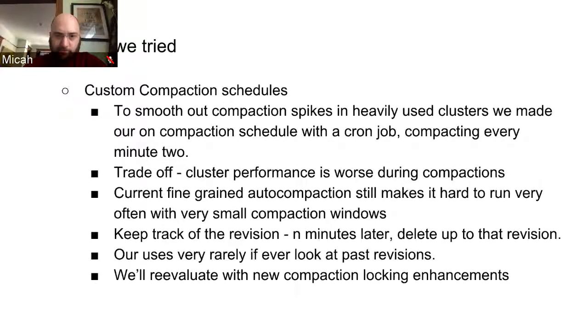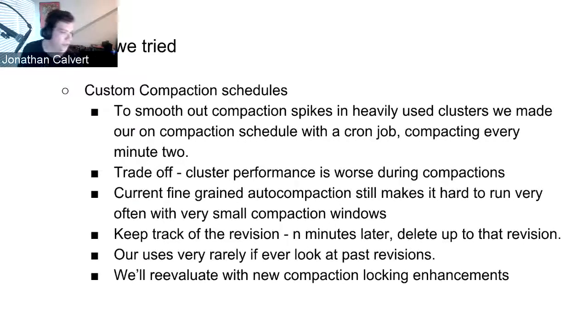Yeah, so a couple of the things that we tried. One was doing custom compaction schedules. To smooth out compaction spikes in heavily used clusters, we made our compaction schedule with a cron job compacting every minute or two. It seemed like there were several other people who were using custom compaction schedules.